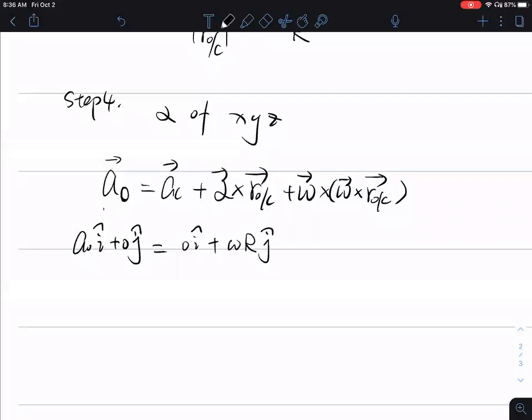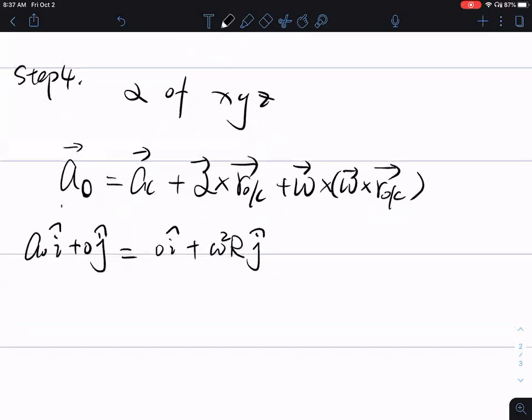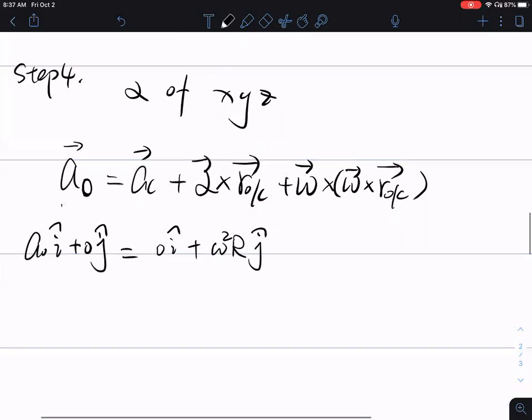Rolling without slipping, case number 1. What is the acceleration at that contact point? R omega squared, thank you. R omega squared, okay, that's our A_C.